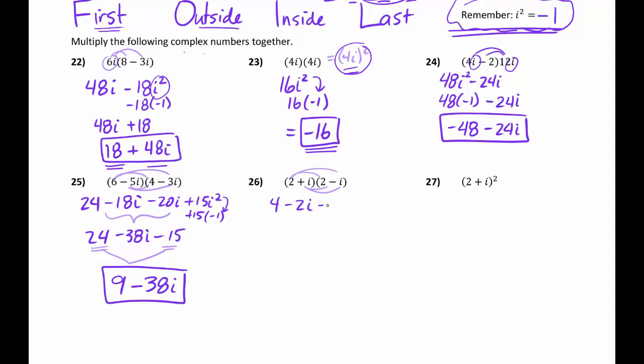Then I get plus 2i from the inside. And then i positive times i negative is minus i squared. So these two things actually cancel out to be 0i. So we don't really even have to think about them. The 4 is still here though. And then I'm subtracting, if you remember, i squared is negative 1.